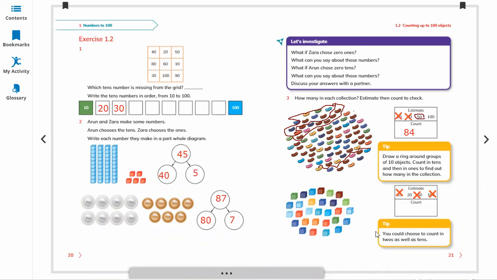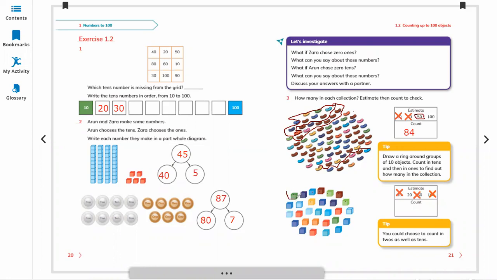These are fewer boxes, so we cannot say it is 100. So we can say it is 20. Now what we are going to do, again, is put them in boxes of 10. 1, 2, 3, 4, 5, 6, 7, 8, 9, 10.